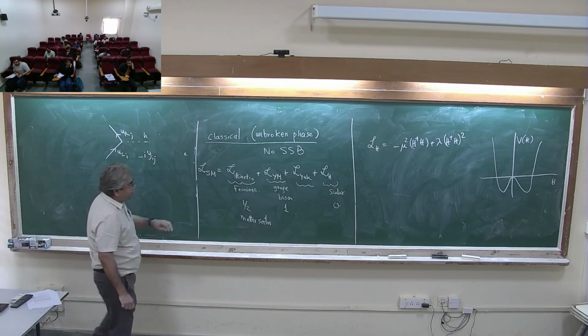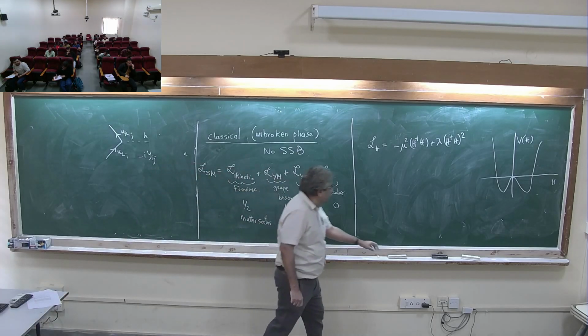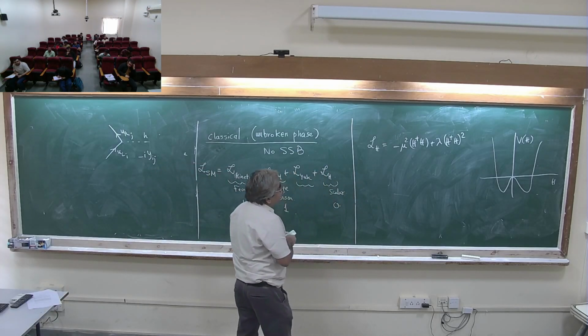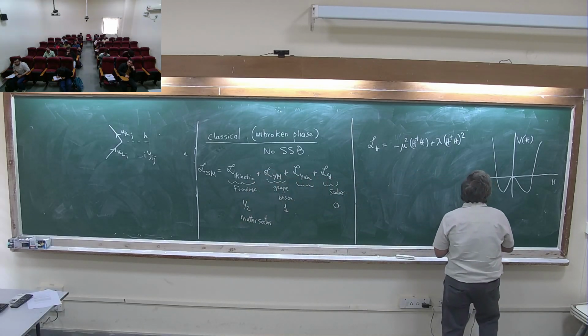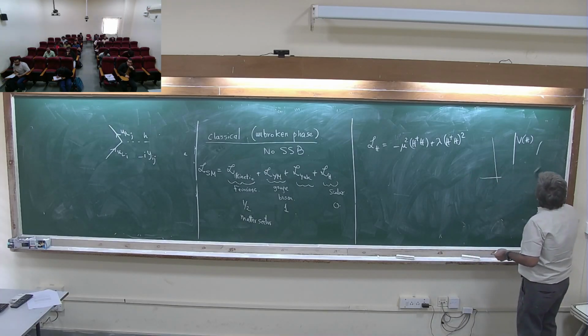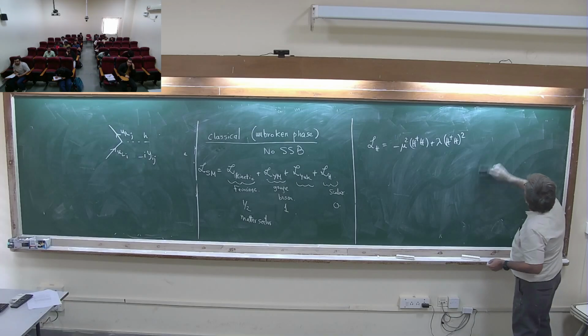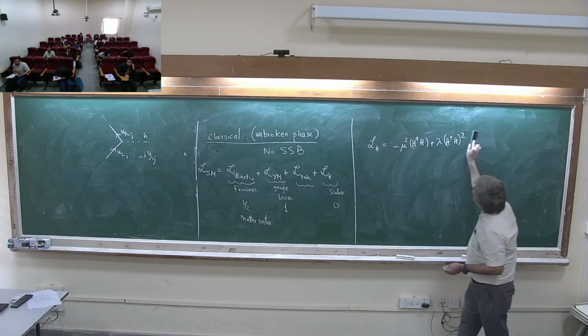So again, today we'll deal with classical symmetries, which may or may not be valid at the quantum level. I'll tell you what they are, as we see in the next lecture.